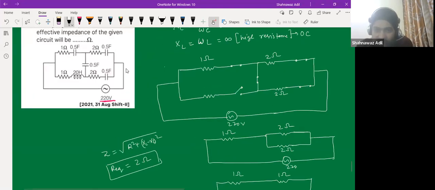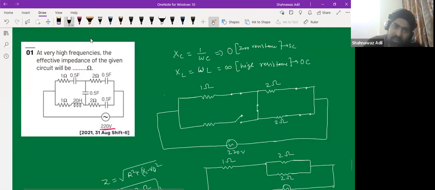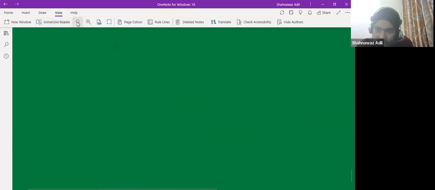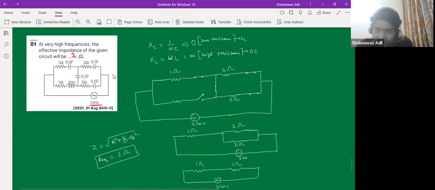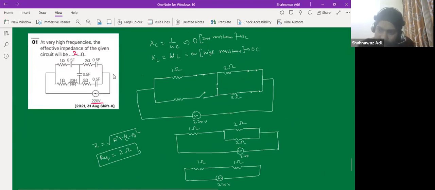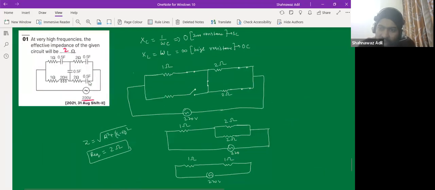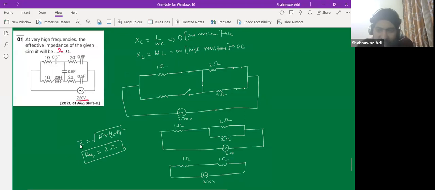So this would be 2. Yes, sir. Yeah, please note it down, because we don't have any other impedance; it is the effective resistance, right? And we only have this resistive circuit, so impedance would be just this.